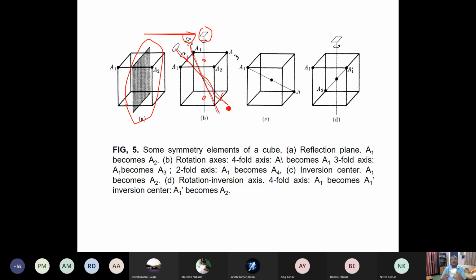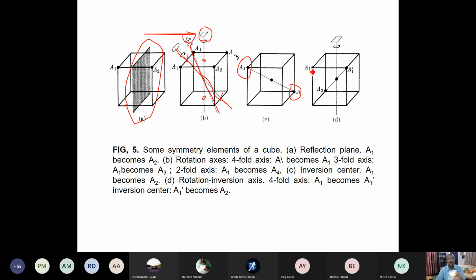Now if you look at it, A1 here, the number 3 here. With respect to the body center, my wire, this point is the mirror image of this point. So this is called inversion center, the center of that cube. Now, this one I mentioned, roto-inversion.